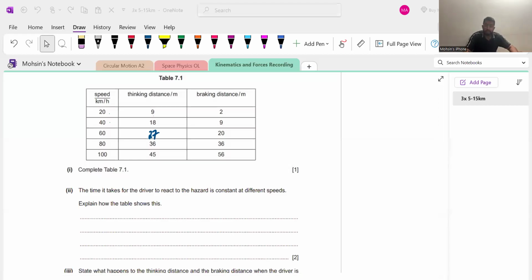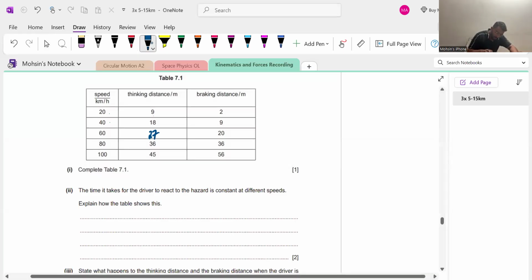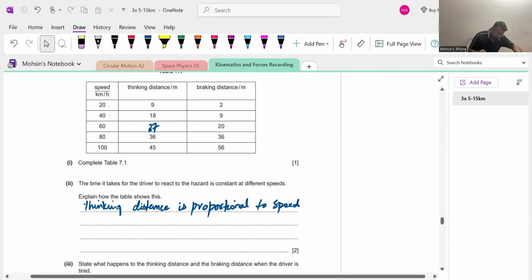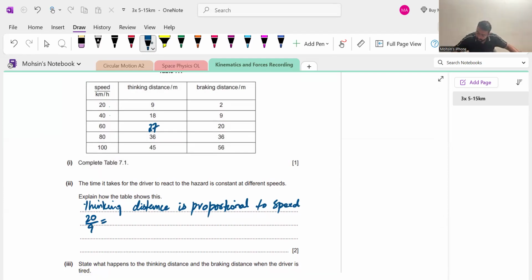So it's a 2 mark question. First of all, I will write that thinking distance is proportional to speed. If 20 is divided by 9, I'm getting 2.22.